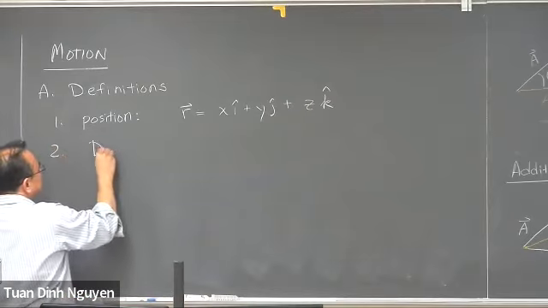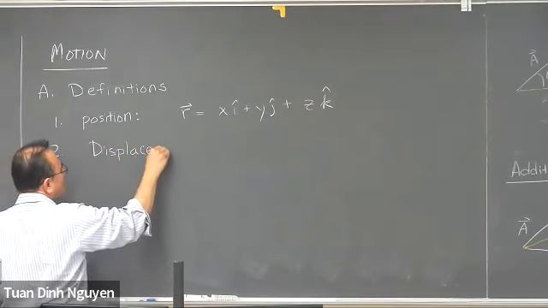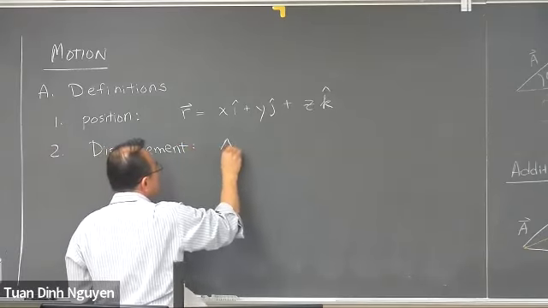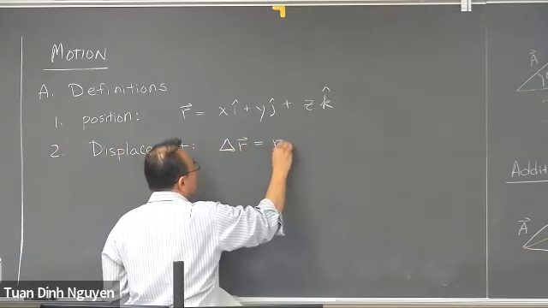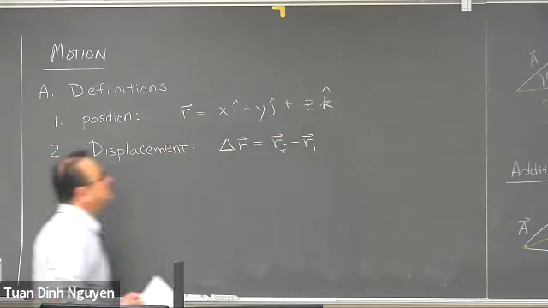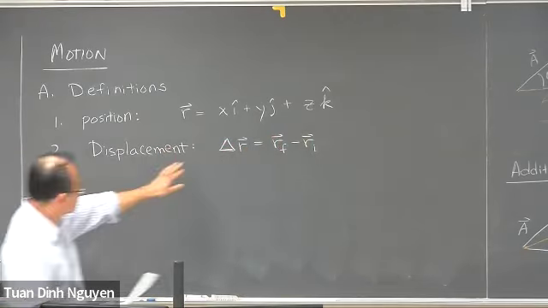Two would be the displacement. And that's just the change in position. Our final minus our initial. It's always final minus initial, this symbol delta.